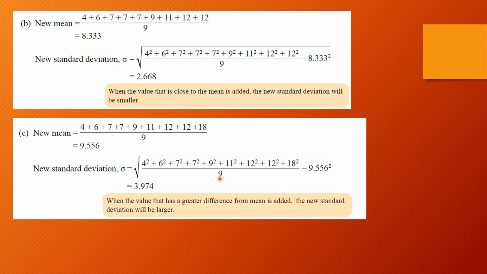The original had 8 values, now there are 9 values. Minus the mean squared, so you get the standard deviation of 3.974. So when a value that has a greater difference from the mean is added, the new standard deviation will be larger. The difference is quite a lot, so the new standard deviation becomes larger.